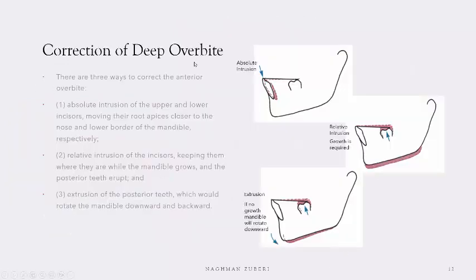Correction of the deep overbite. Well, there are three ways to correct the anterior overbite. Number one is absolute intrusion of the upper and lower incisors, moving their root apices closer to the nose and lower border of the mandible respectively.